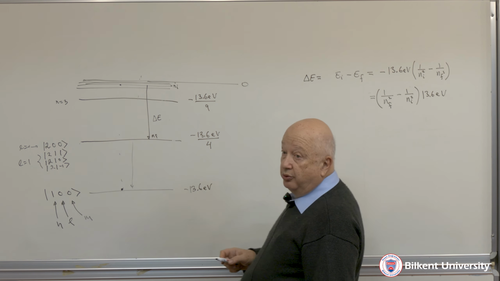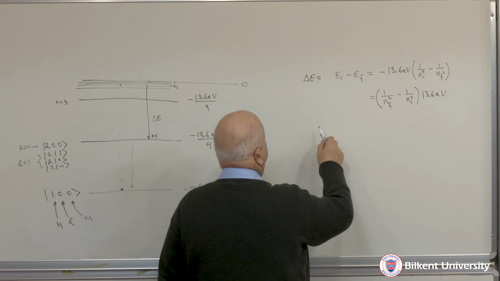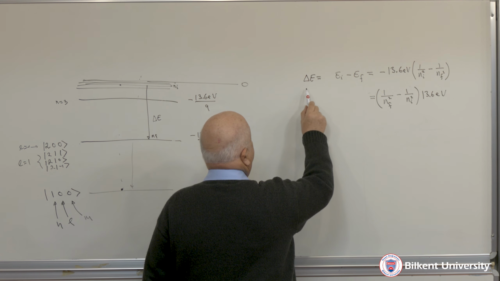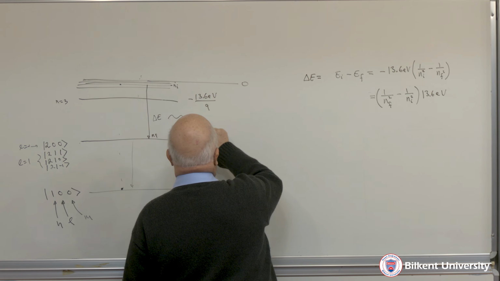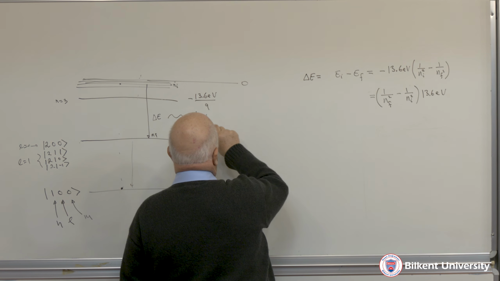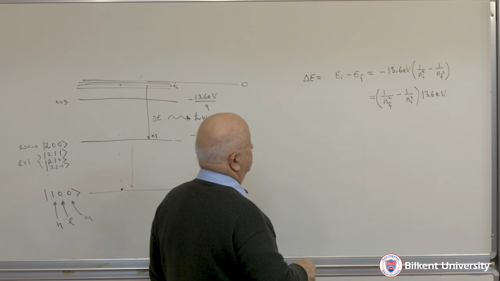So what do these things look like? When this happens, you are going to get a photon out with frequency h bar omega. So omega is going to be proportional to the energy.